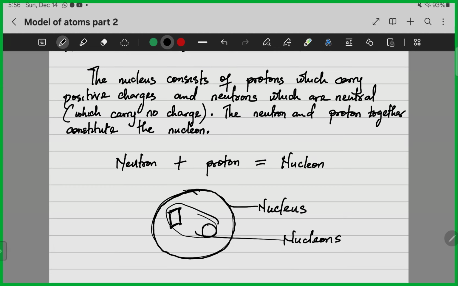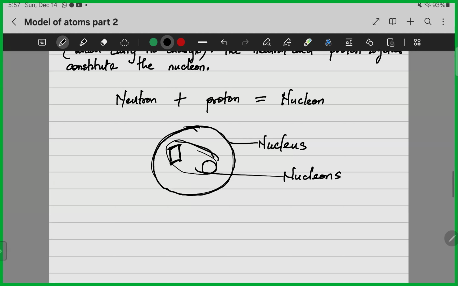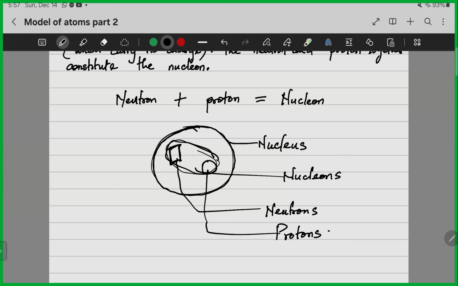To break the nucleons down, the nucleons are made up of neutrons and protons. So that is the big idea here.